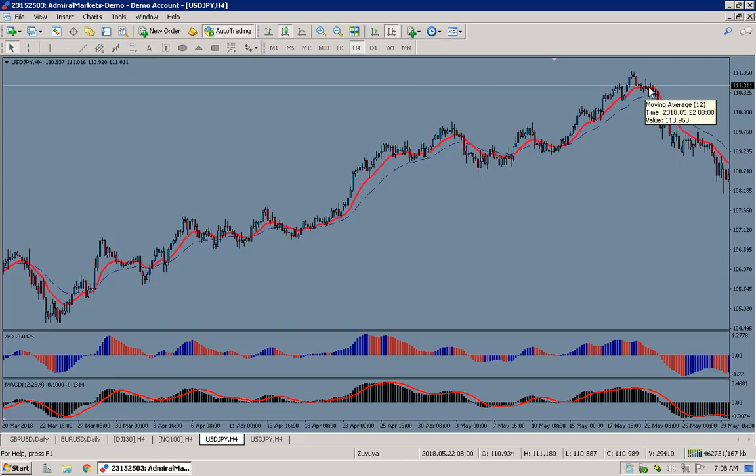So that's one function: once these crosses occur across the signal line here, then these often are either selling points or buying points if it crosses upwards. And then the other thing that the MACD is also used for a lot is divergence.